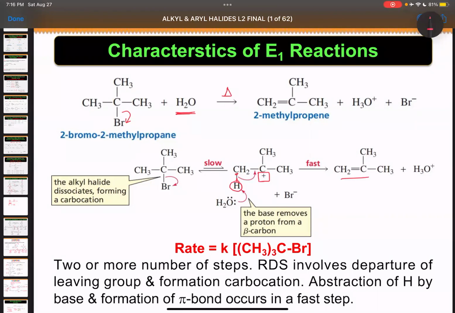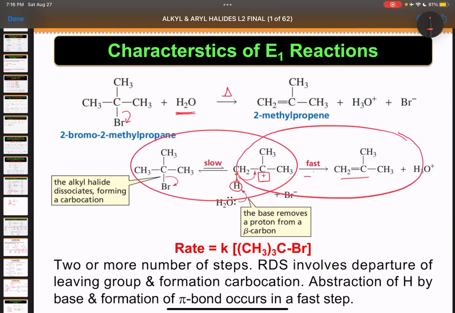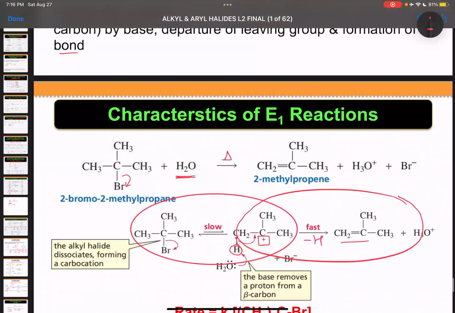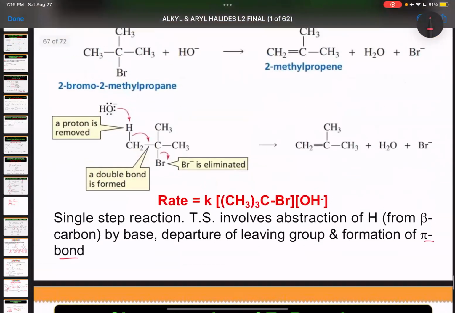So you still have the same product, but this has occurred in two steps. First step is departure of the leaving group, leaving behind a cation. The second step is removal of H plus. But in the E2 reaction, both of them occurred in just one step.